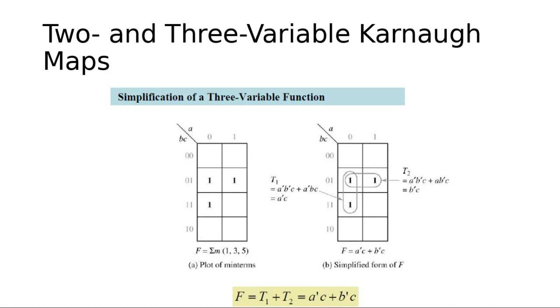Let's see another one. We have this. Can you see it? Maybe I can make it a little bit bigger, this is better, right? Okay, I can use the pencil. So there's a function. There are minterms 1, 3, 5. It means this is 1, this is 3, this is 5, right?